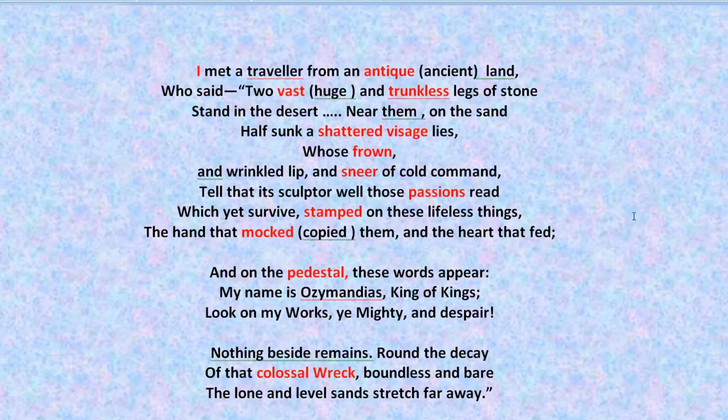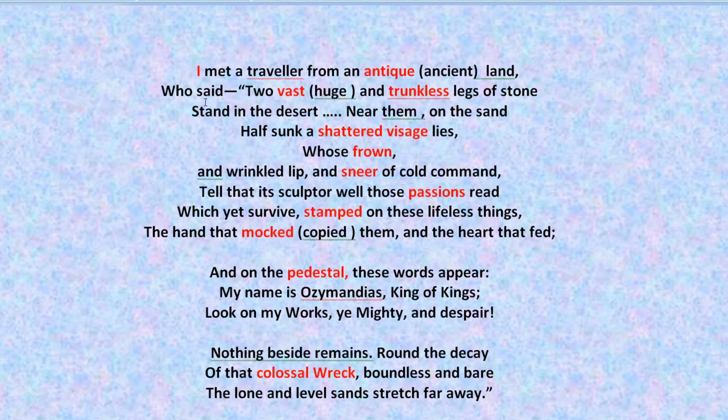So, I met a traveller from an antique land. Here the poet is saying that he met a traveller and that traveller came from a very old place. The traveller came from an antique land, an antique place, who said two vast and trunkless legs of stone. Who here refers to the traveller.